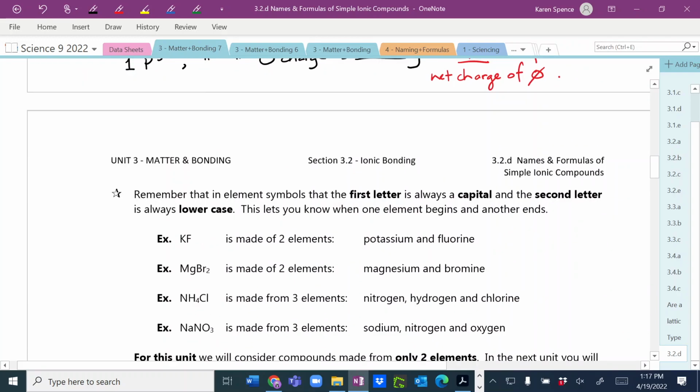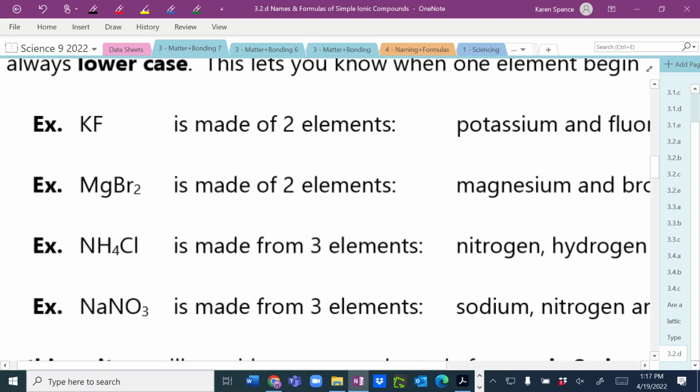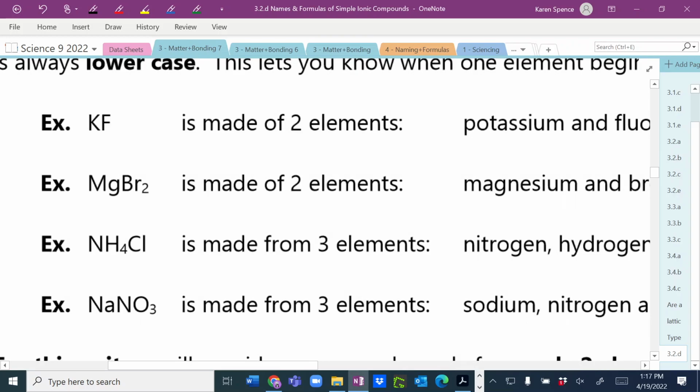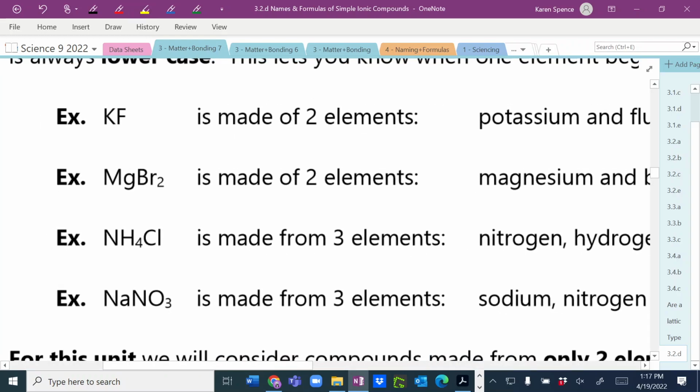Okay, so remember that in element symbols, the first letter is always a capital, and the second letter is always lowercase. This is going to let you know when one element begins and the other ends. So if I wanted to look at KF, how many elements is it made of? 2, because I got 2 capital letters, right?